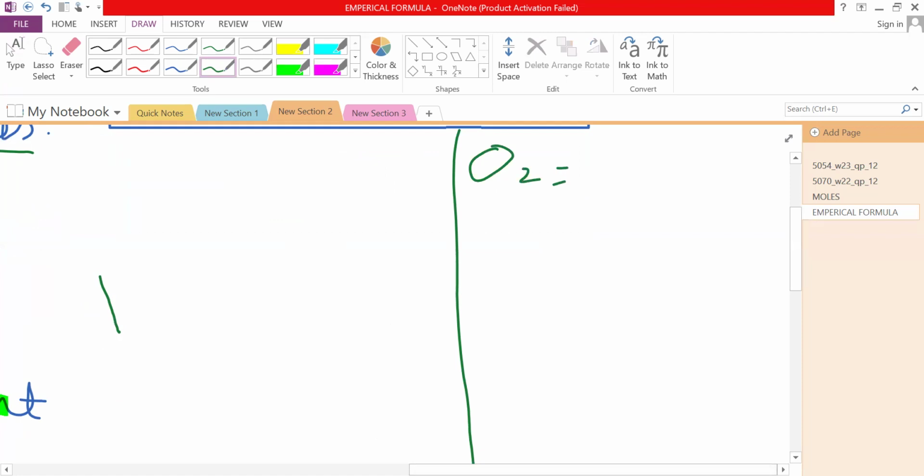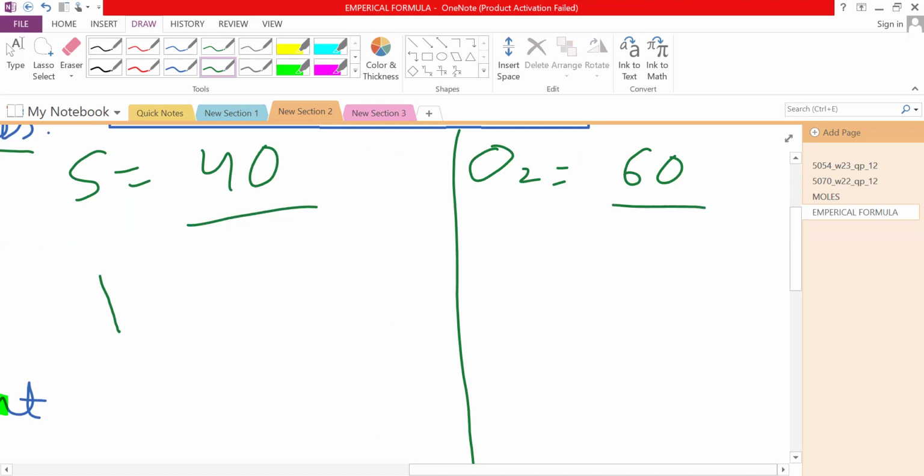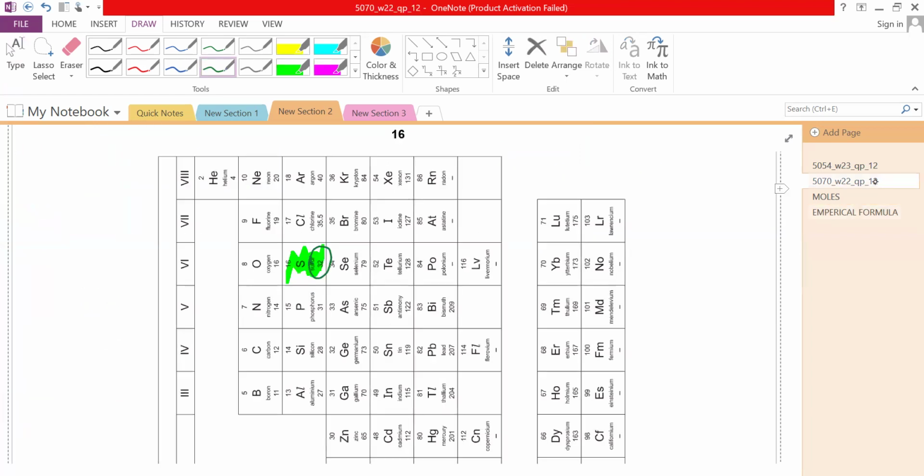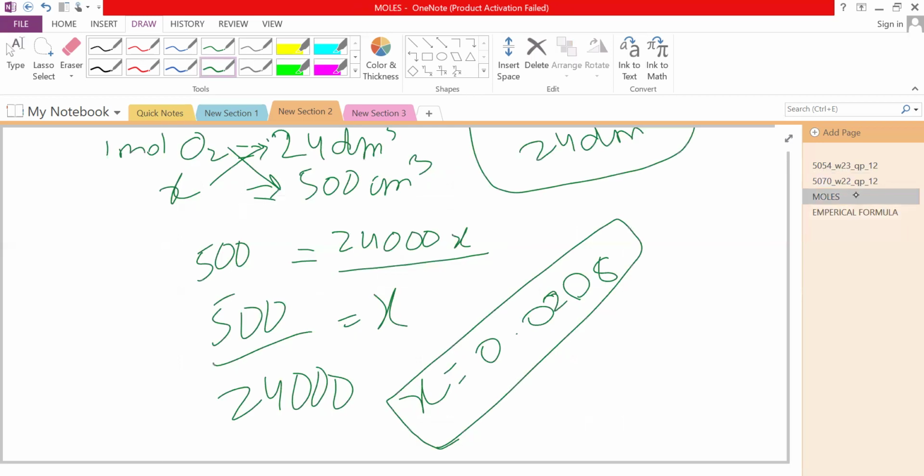The percentage of oxygen was 60% and the percentage of sulfur was 40%. To find the moles, firstly we have to divide by its Mr. The periodic table would be given in Paper 1 and Paper 2. Using the periodic table, the Mr of sulfur is 32.